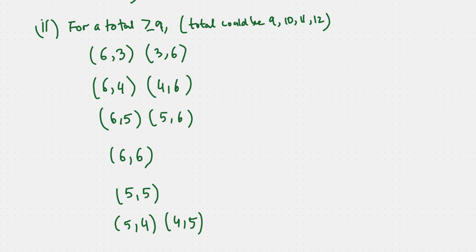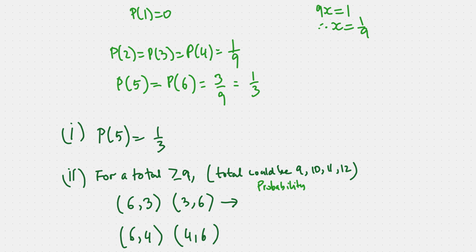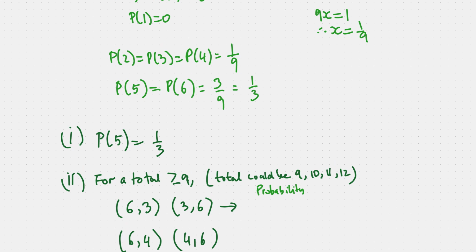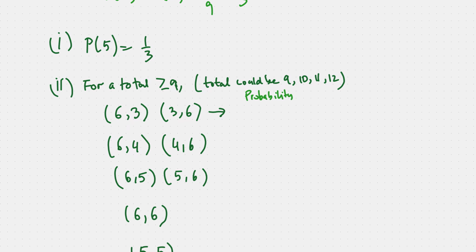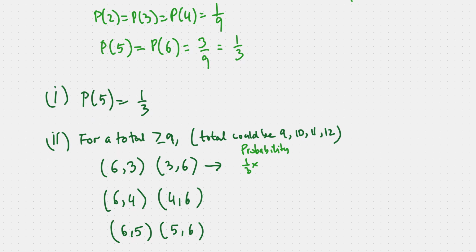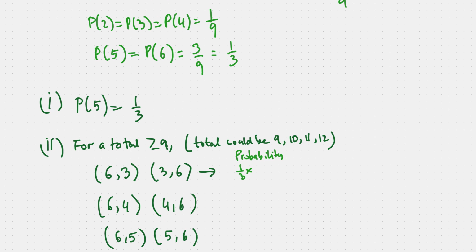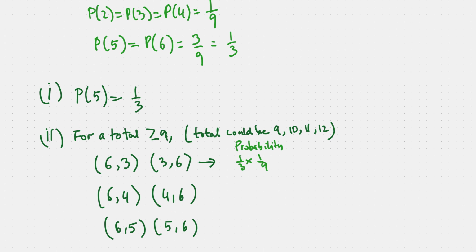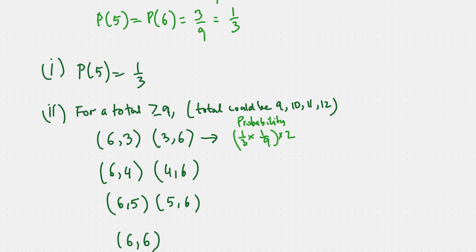So we can then work out the probabilities. First, 6 and 3. The probability of a 6 is 1/3, and of a 3 is 1/9. So 1/3 multiplied by 1/9, and that's multiplied by 2, because there are two ways you could get it, 6 and 3 or 3 and 6.